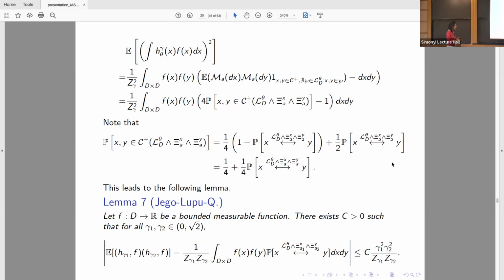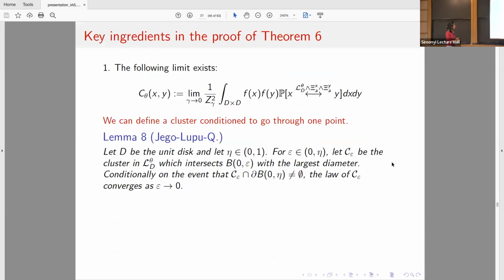And now in order to get a limit as gamma goes to 0 of the second moment on the left, we need to first prove the following ingredient: that this integral using the crossing probability converges. We need to show that this limit exists. And showing that this limit exists will also allow us to define a cluster conditioned to go through one point.